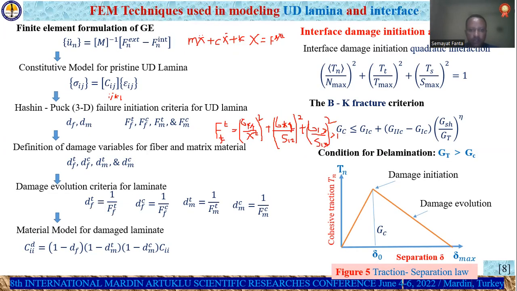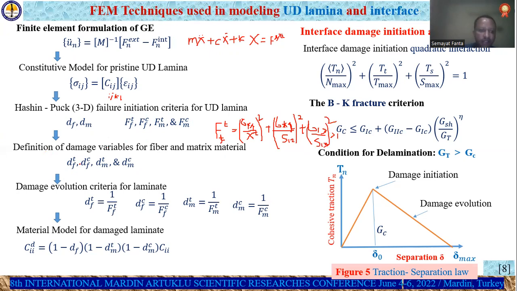Okay, so this is the damage initiation for fiber. Similarly, we define the failure index for fiber compression, matrix tension, and matrix compression cases. Again, we then define the damage variables for the fiber and the matrix in the local and in the global form.